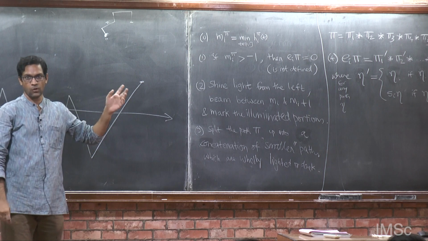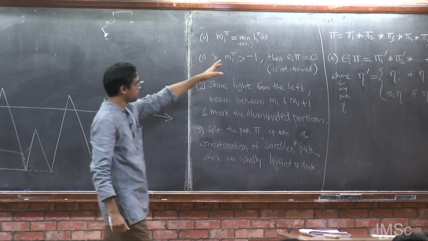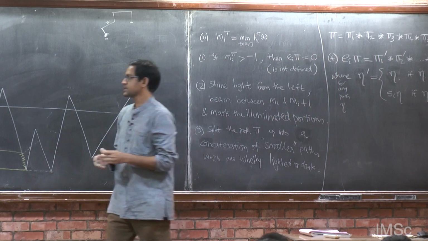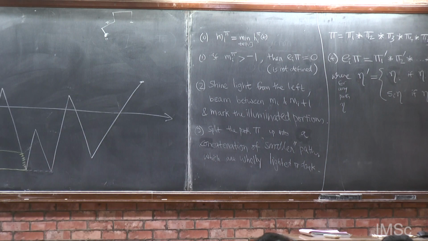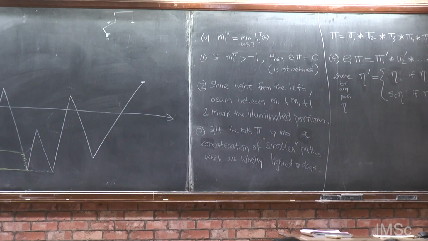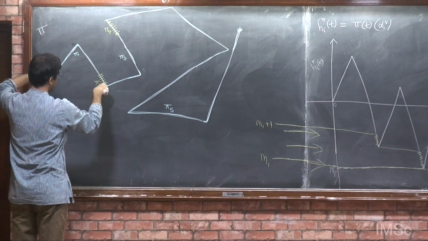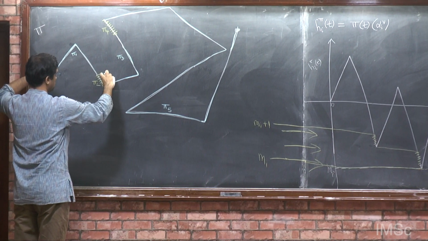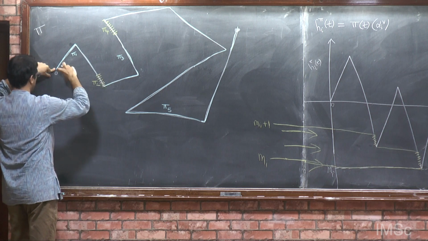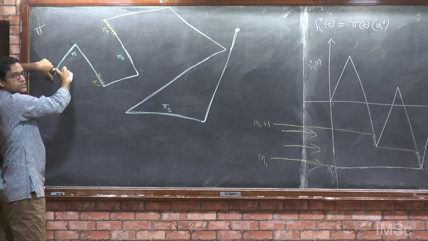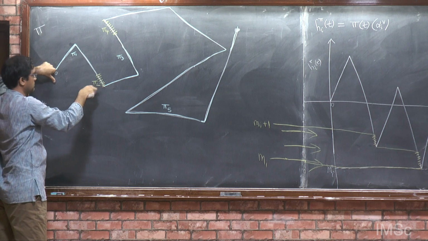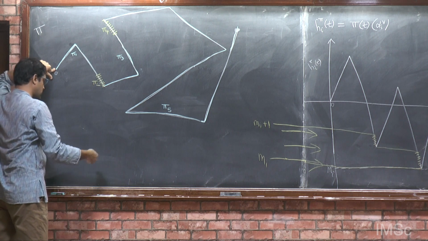Now what we are doing when we split the path up into many bits is translating everybody to the origin. Pi 1 is this path, but pi 2 is not quite this path which lives here, it's a translate. My labeling this as pi 2 is slightly misleading.